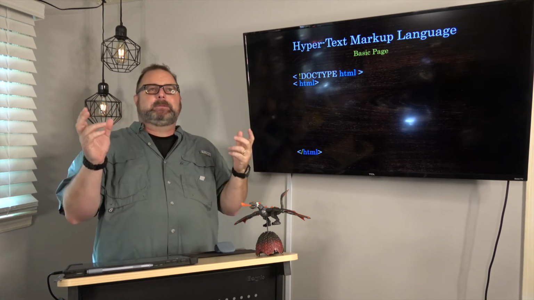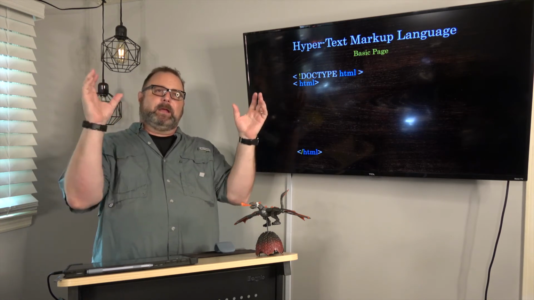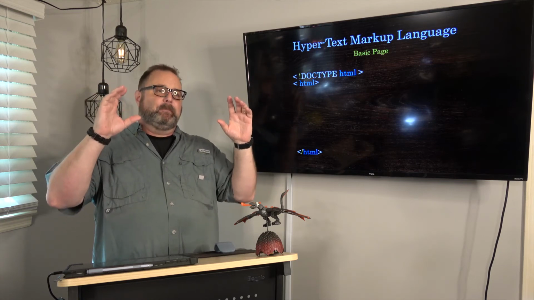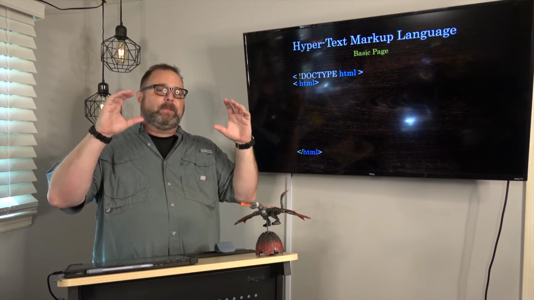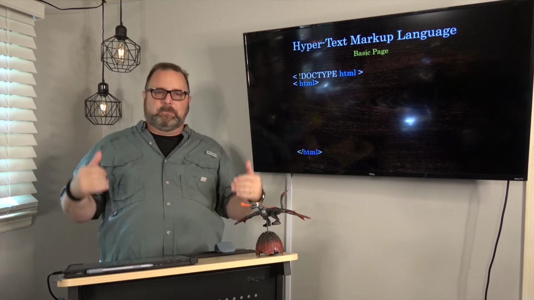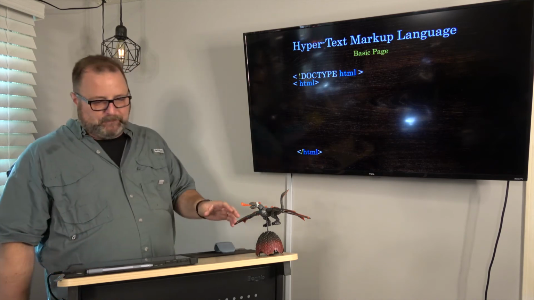It needs kind of a head or a header, and I'm using those terms very carefully because they have different meanings. Header is not the right word. It's the head section. It's kind of the area before you really get to the content, if you want to think of it that way.